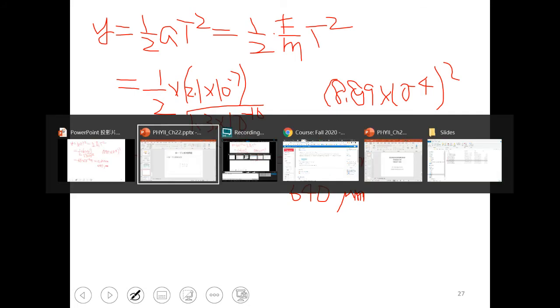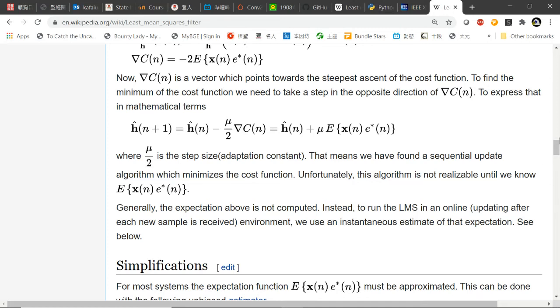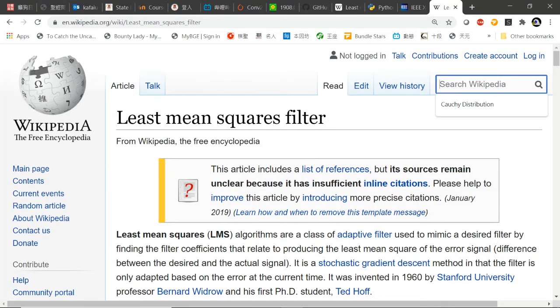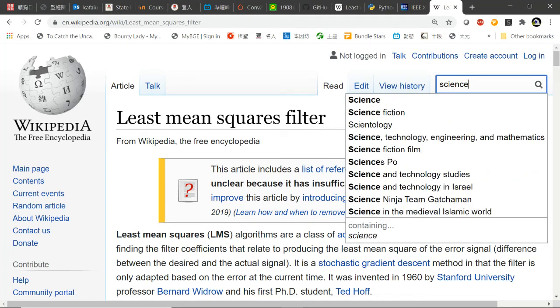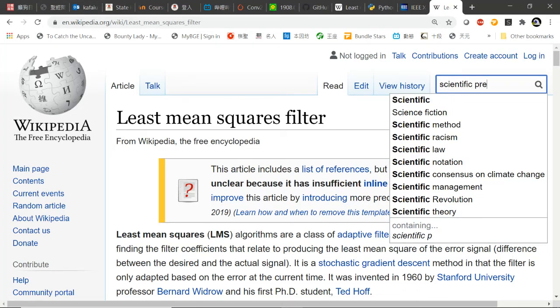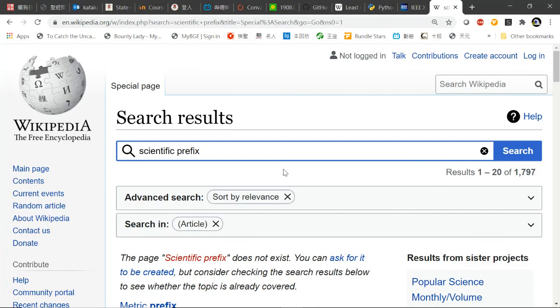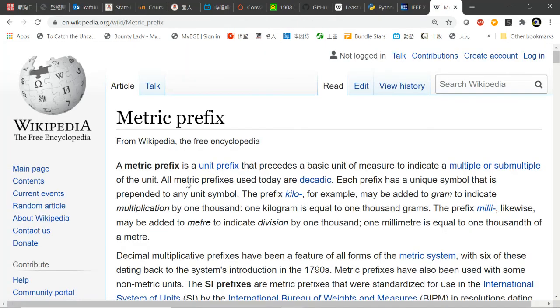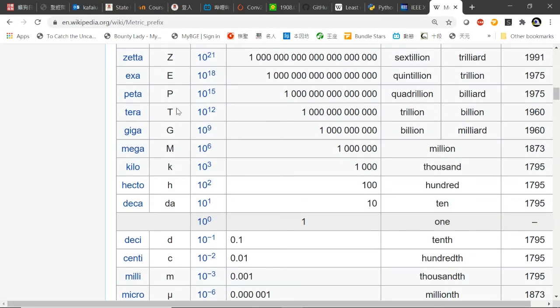Actually, you can have a quick check for the metric prefix. So then we have quite a lot. We have tera 10 to 12, giga 10 to 9, mega 10 to 6, kilo 10 to the 3rd.